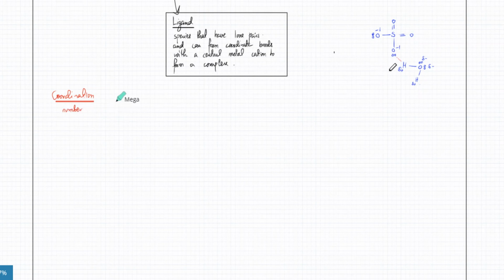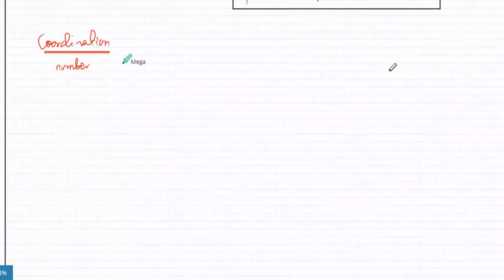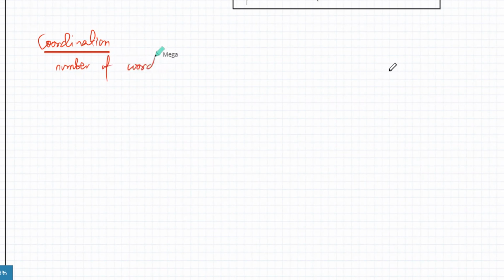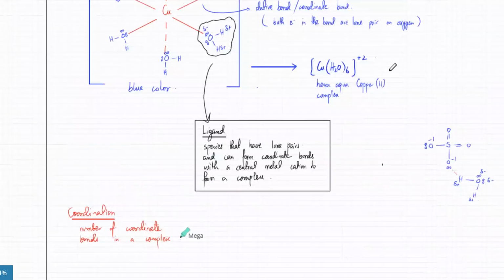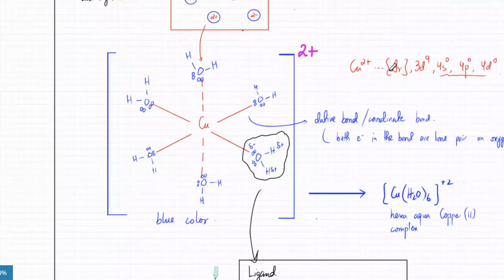It's not a fixed number. It's the number of coordinate bonds in a particular complex. So it could be 2. Over here it's 6 because there are 6 coordinate bonds.